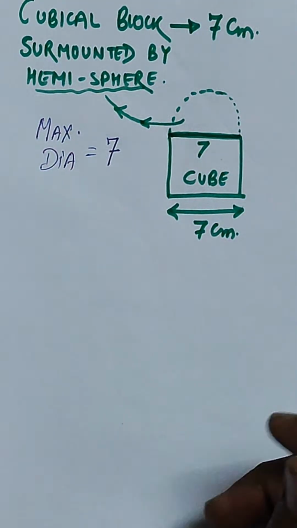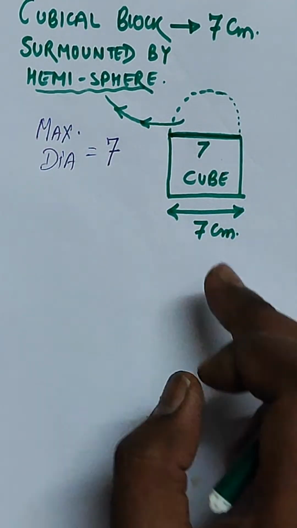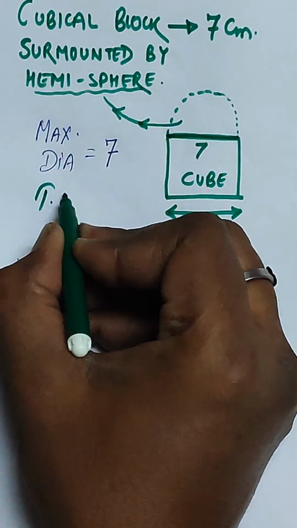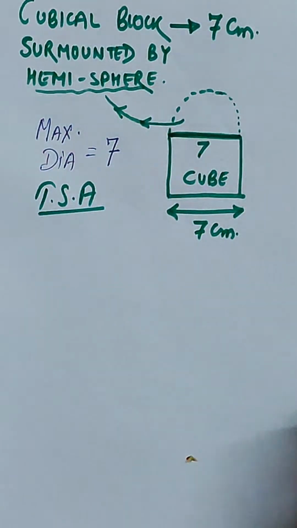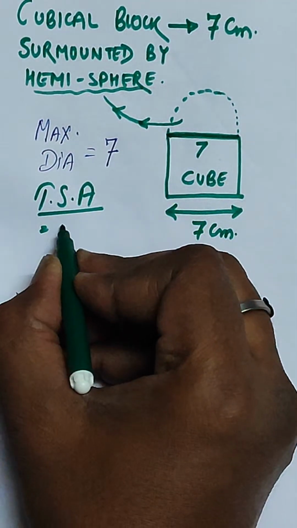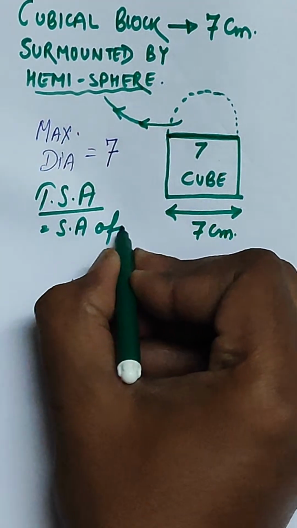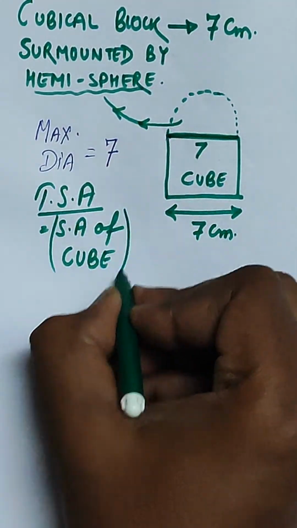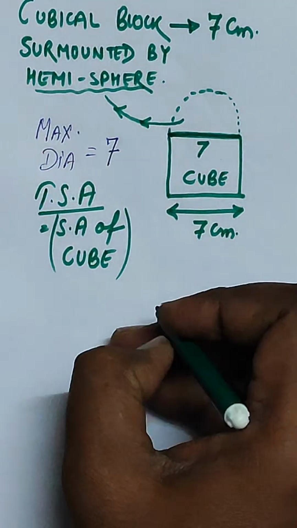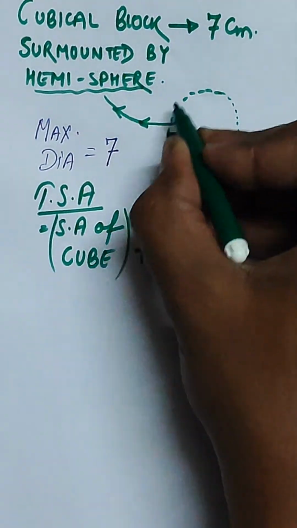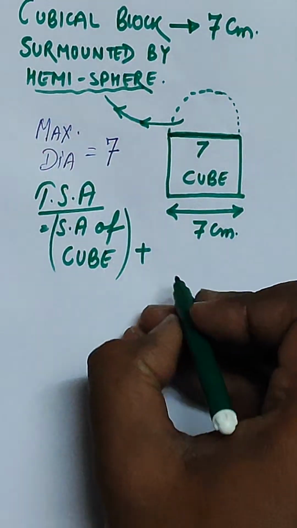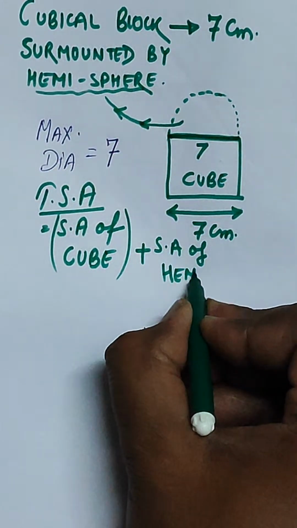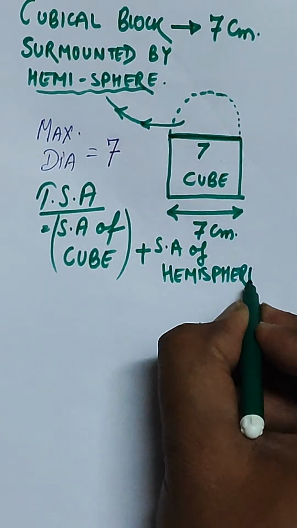Now what is the total surface area? To calculate the total surface area, TSA can be calculated as the surface area of the cube altogether, plus the surface area of the hemisphere.